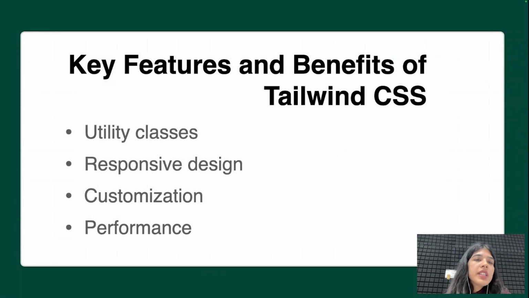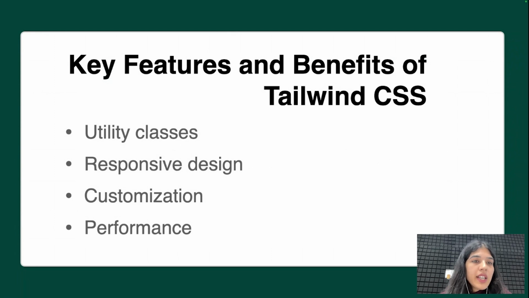So Tailwind CSS has some key features and benefits. First is utility classes. It offers predefined classes for margin, padding, colors, etc. Then you can make responsive design. There are built-in breakpoints for responsive design.